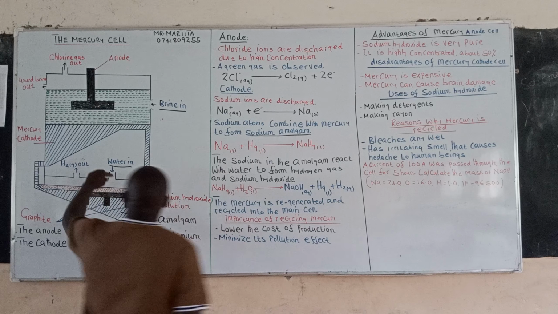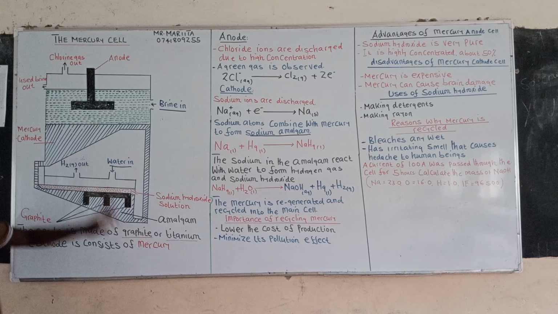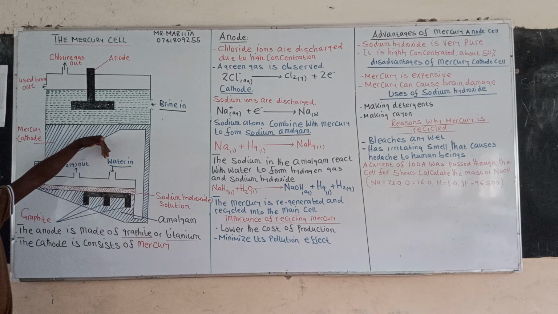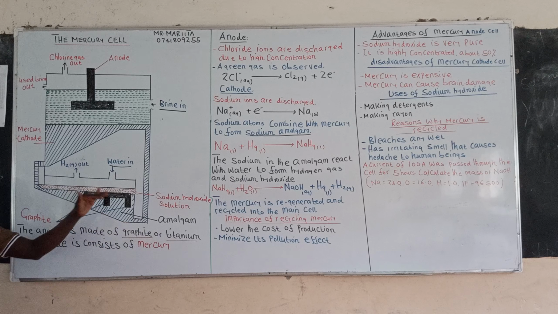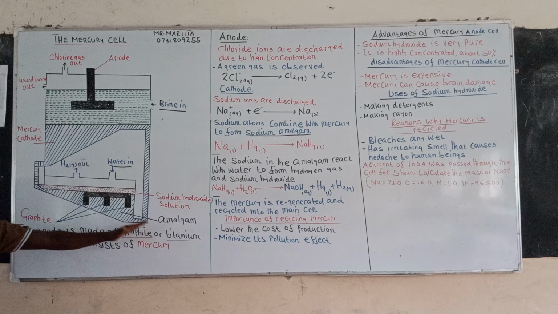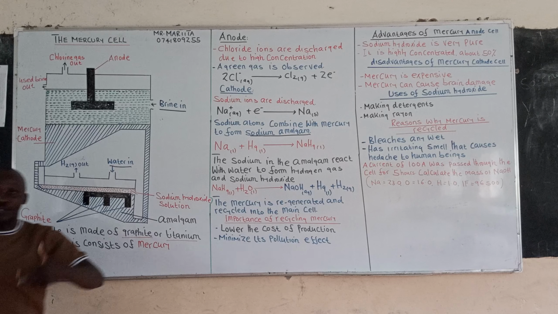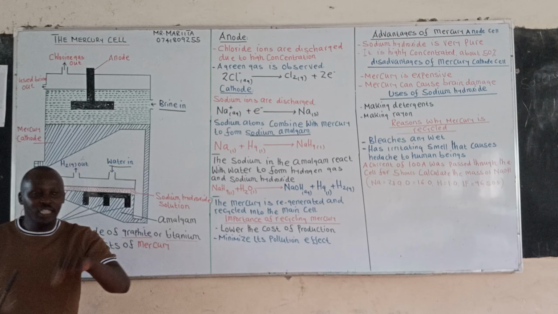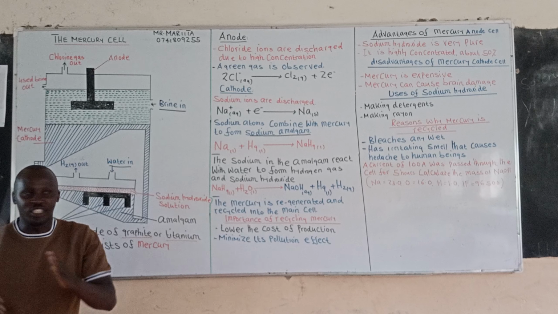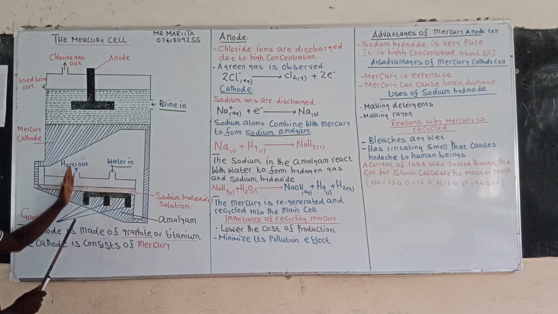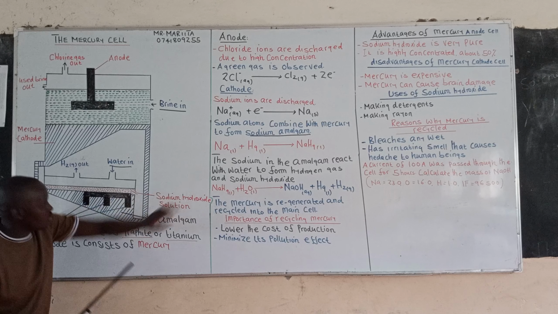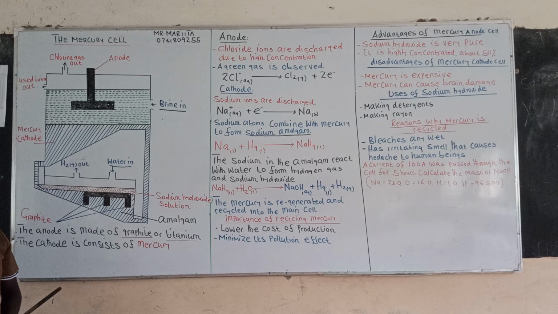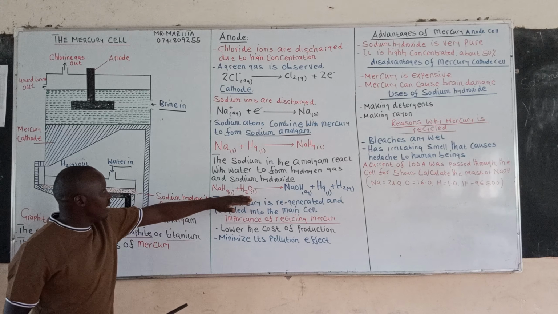So when water is introduced, it reacts with the amalgam, and they form two products: sodium hydroxide and hydrogen gas. That is why you have the hydrogen gas out here, and then we have the sodium hydroxide solution on the other side.